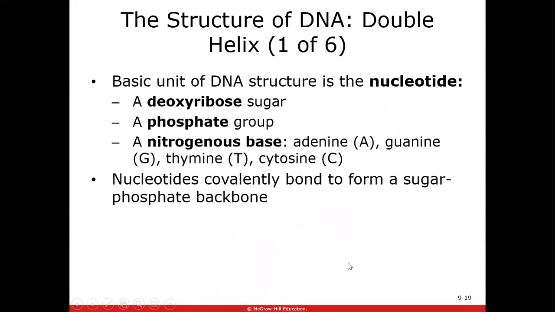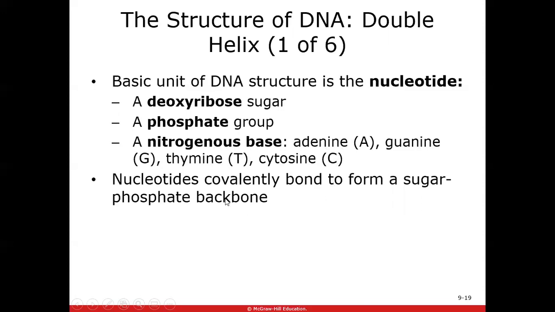So the structure of DNA, it's a double helix. The basic unit of DNA structure is the nucleotide. It's a deoxyribose sugar, a phosphate group, and a nitrogenous base. The nitrogenous base is either adenine, guanine, thymine, or cytosine. Those are the nitrogenous bases that will make up DNA.